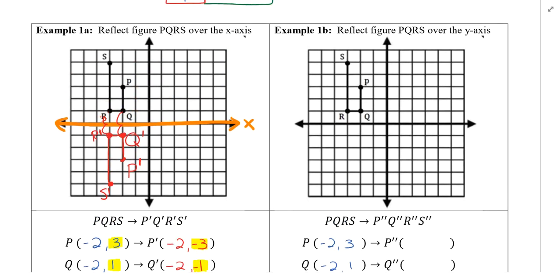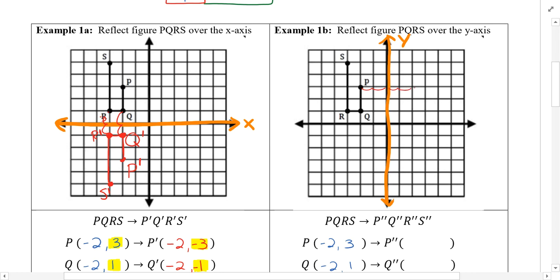When we're reflecting over the y-axis, remember, y-axis is our vertical axis, we're going to follow the same procedure that we just did. So P is 2 away from the y-axis, it's 2 on the left.